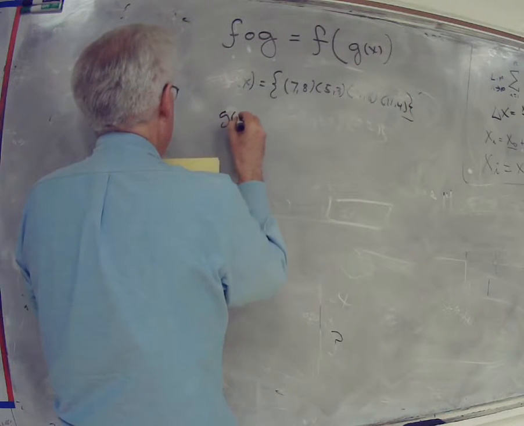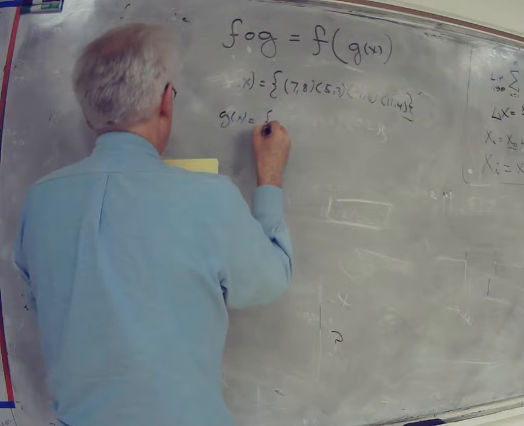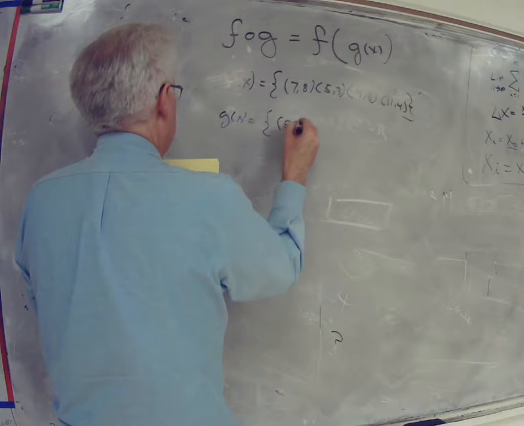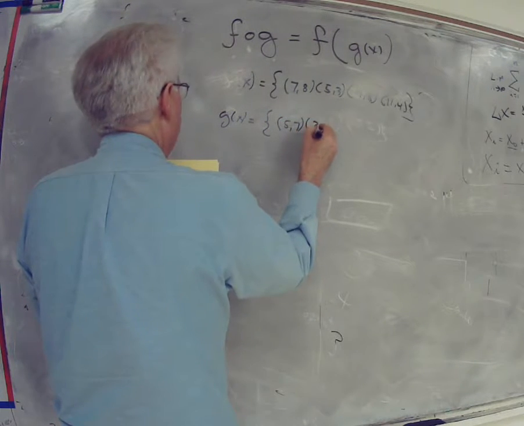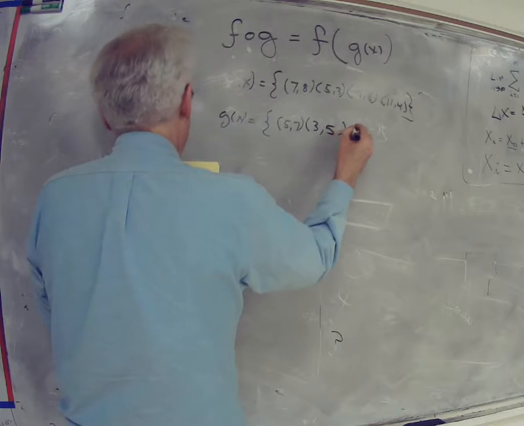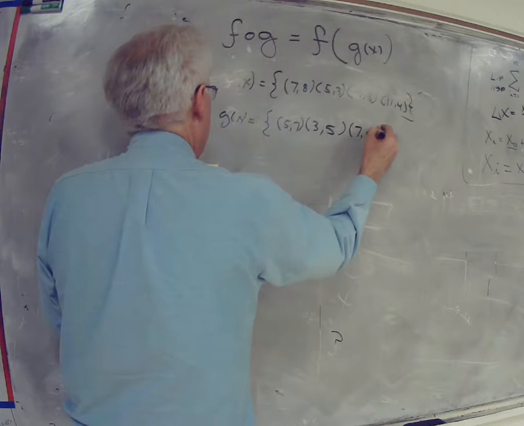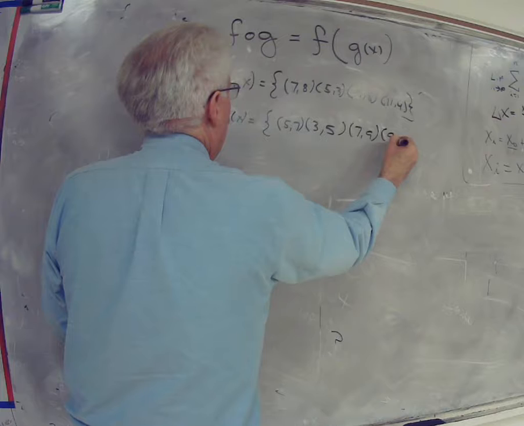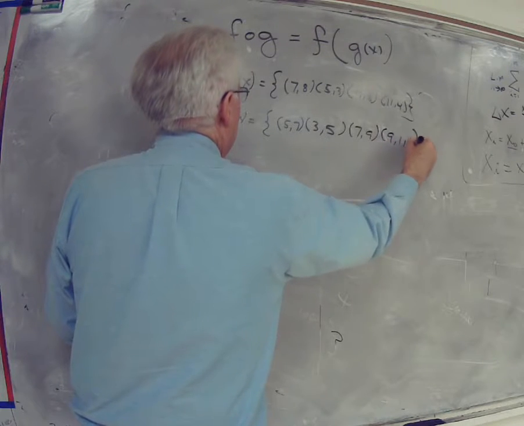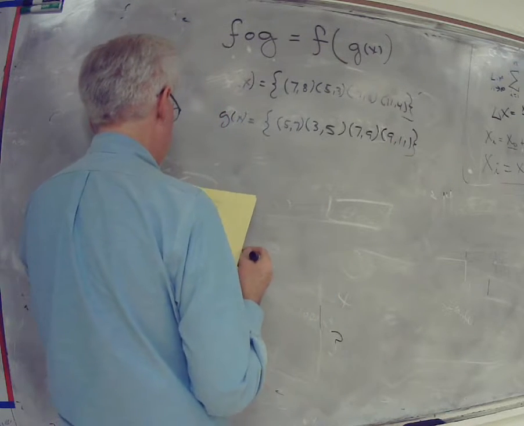Okay, the g of x is equal to the points (5, 7), (3, 5), (7, 9), and (9, 11). Okay, so we got those sets of points.